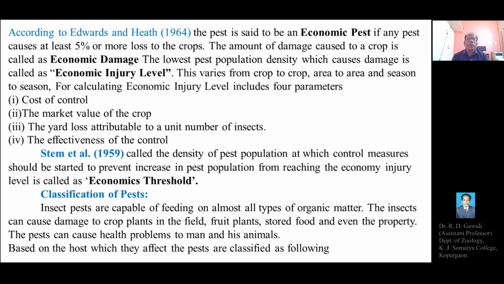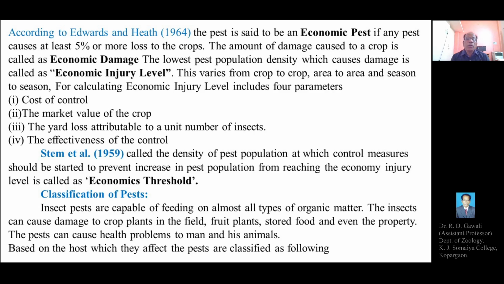Then, classification of the pest. There are different types of pests. Insect pests are capable of feeding on almost all types of organic matter.